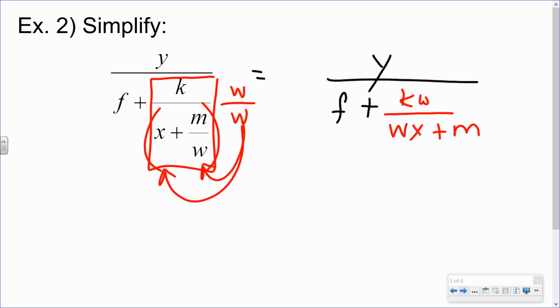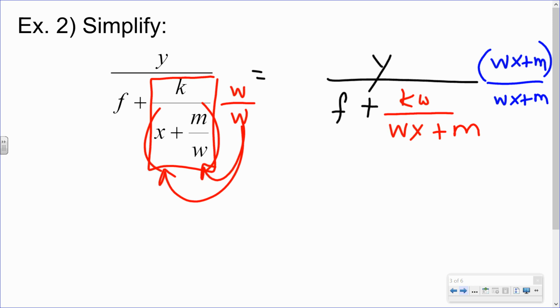Okay, now we just have one regular fraction inside of the regular fraction. So now we go back to the method that we're used to, and we multiply numerator and denominator by wx plus m over wx plus m. But we have to be careful. There's plenty of places to make mistakes in there.